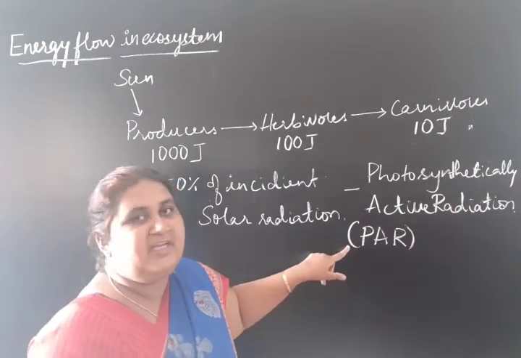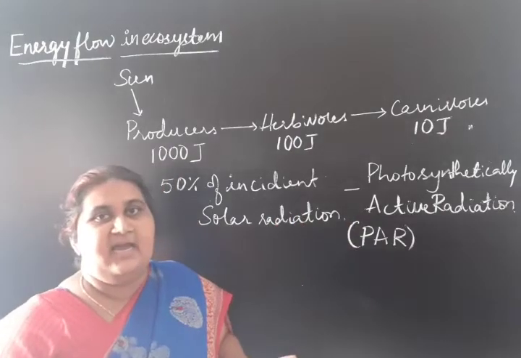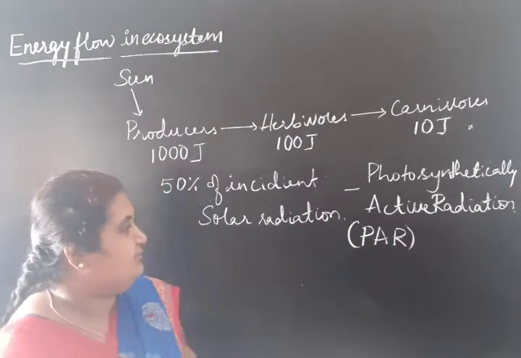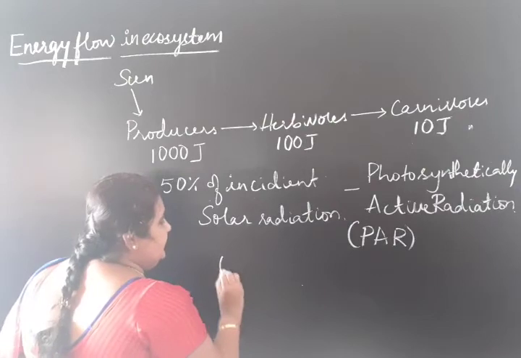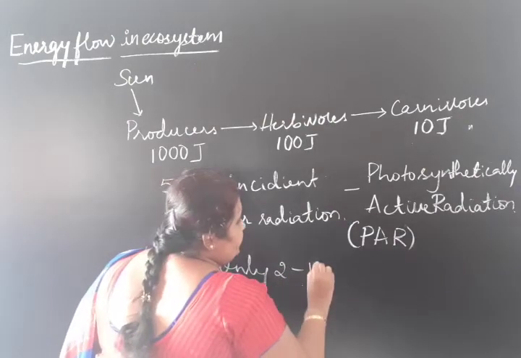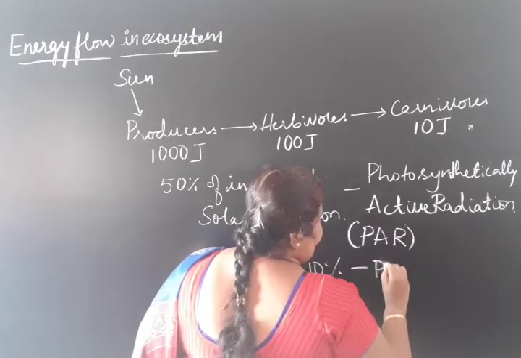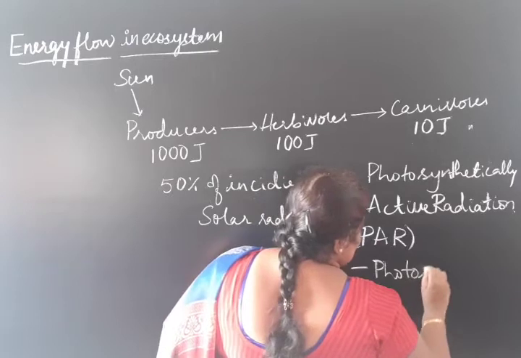Of that 50% of the total PAR, photosynthetically active radiation, only 2 to 10% is used in photosynthesis.